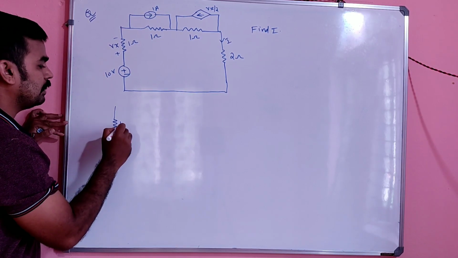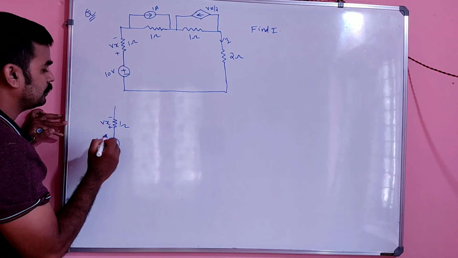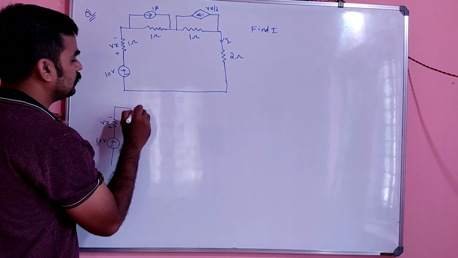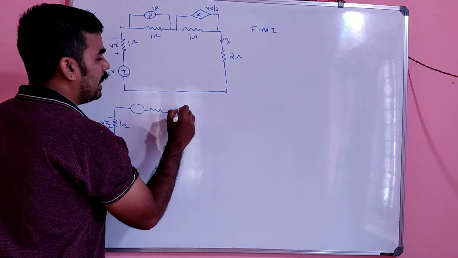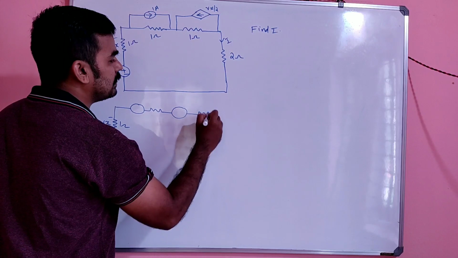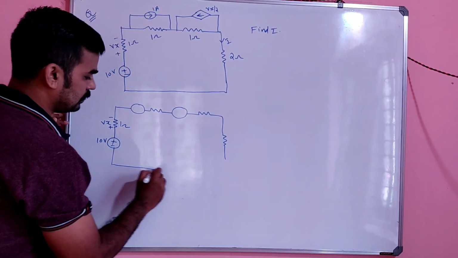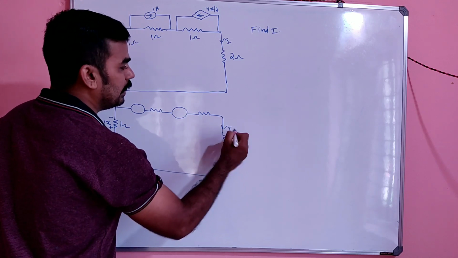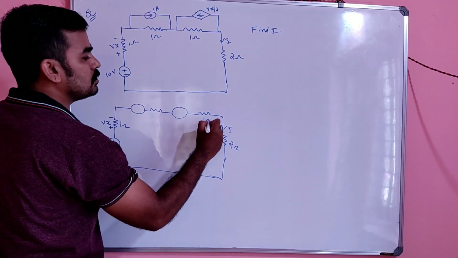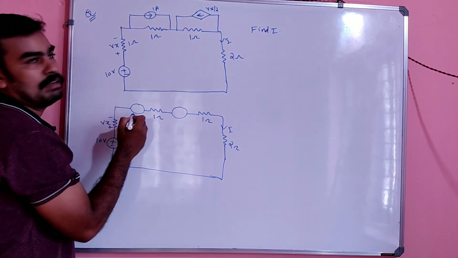The same circuit can be redrawn as, listen, a voltage source in series with the same resistor, again a voltage source in series with the same resistor, and the remaining 2 ohm and I. Same resistor means there is no change in value, so these all are the same resistors.